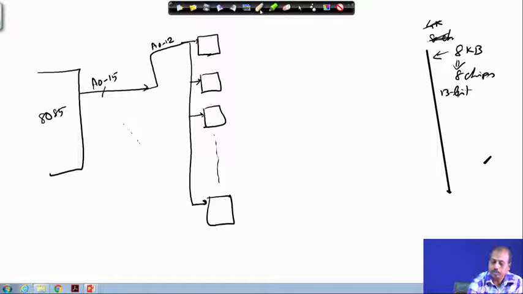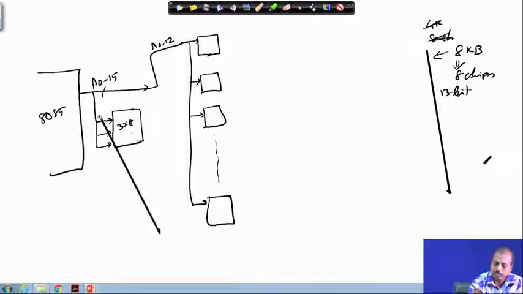What I mean is that I have a 3 to 8 decoder here. The lines A13, A14 and A15 come here.